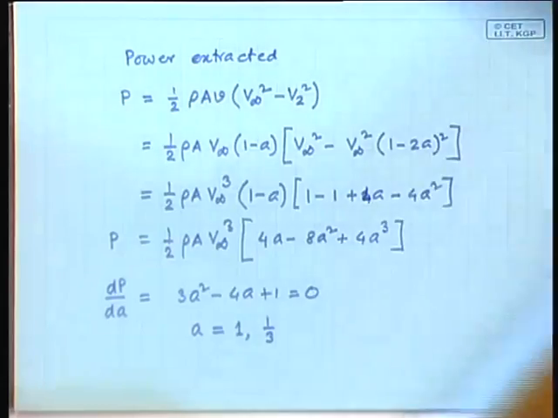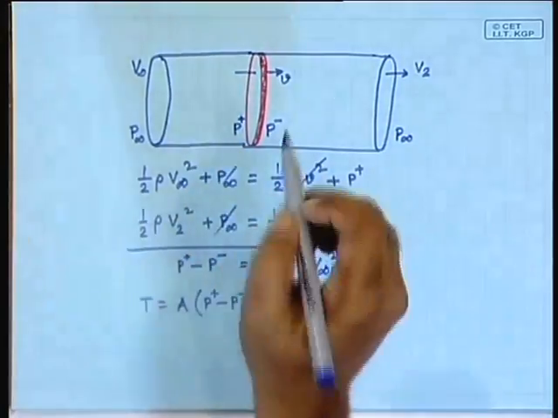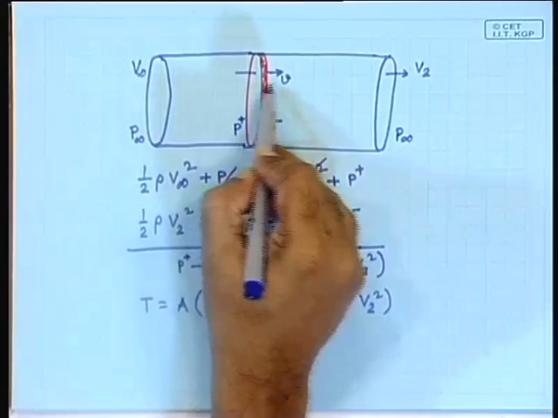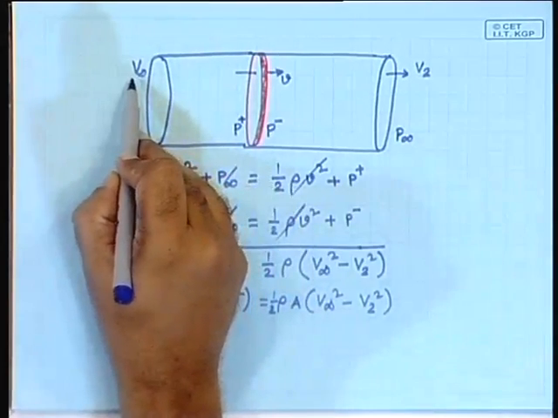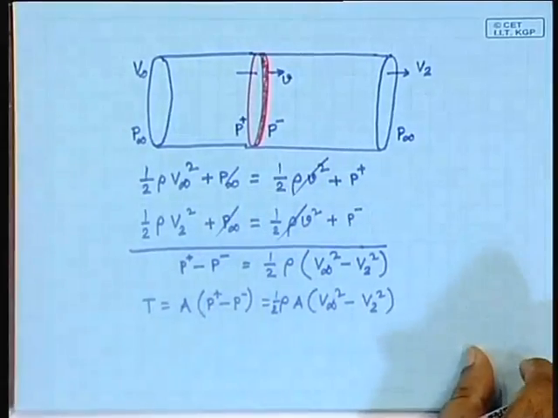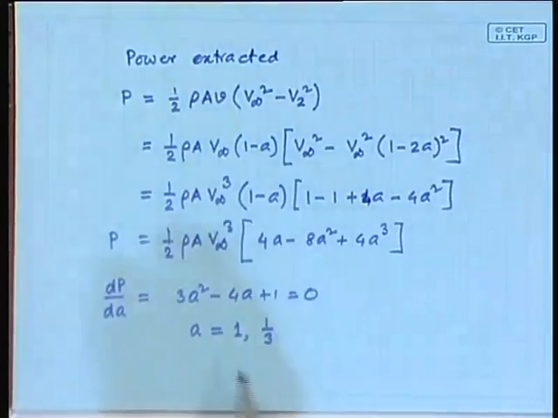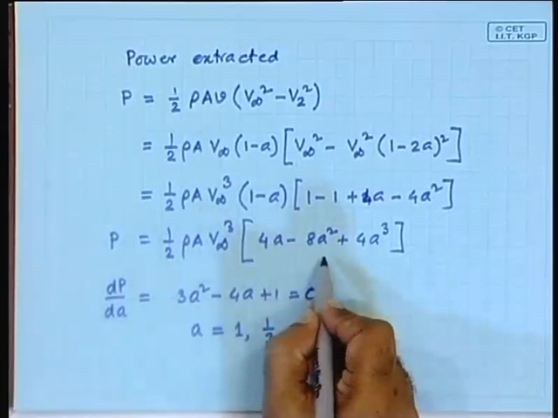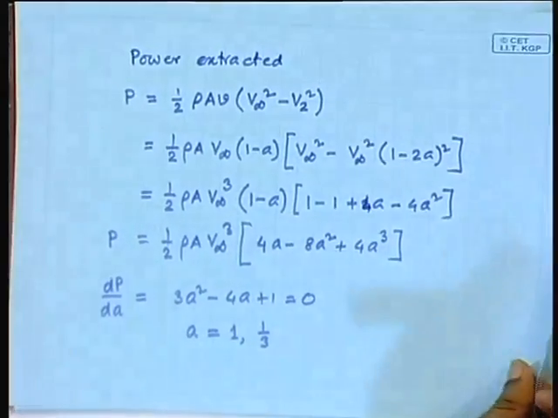So, where was the picture? Here, which means that the maximum power can be extracted only when the speed at which it goes through is 2/3 of V infinity, because it is defined as 1 minus A. Fine. So, now we can substitute 1/3 here. See what you get.